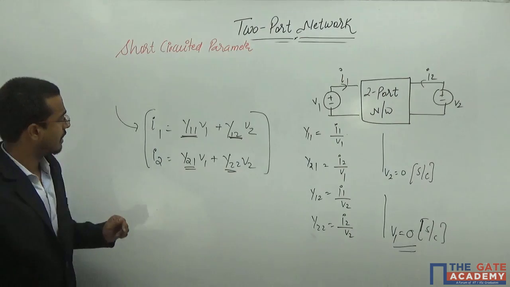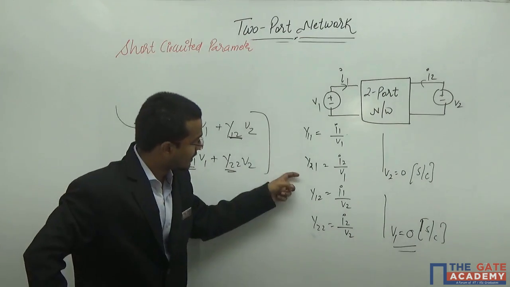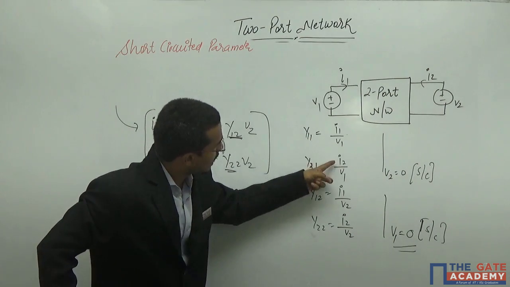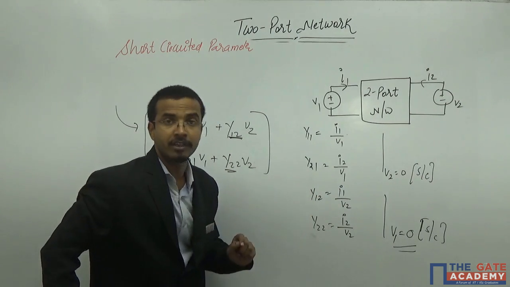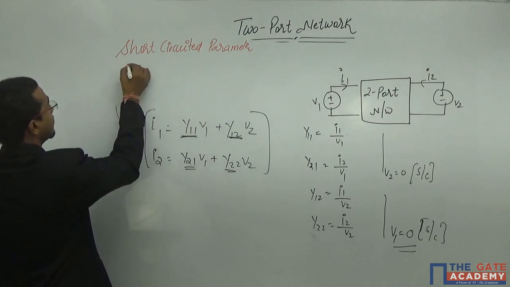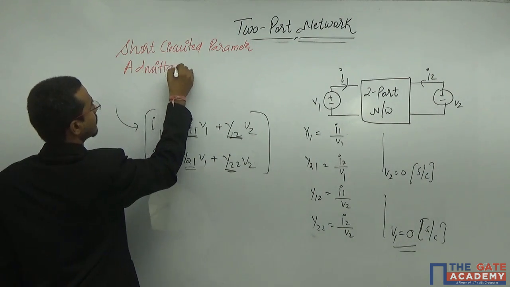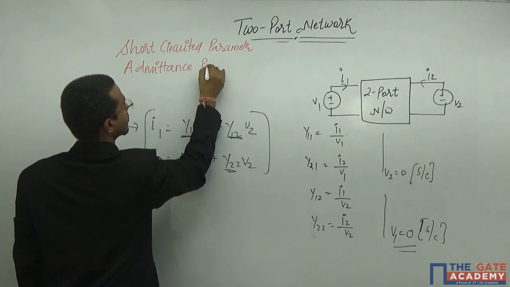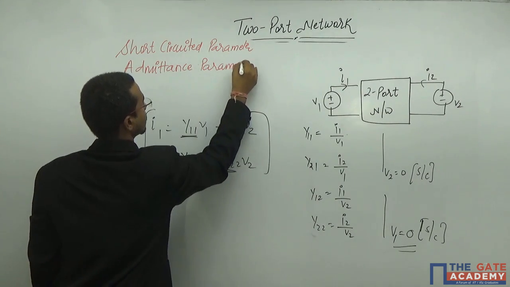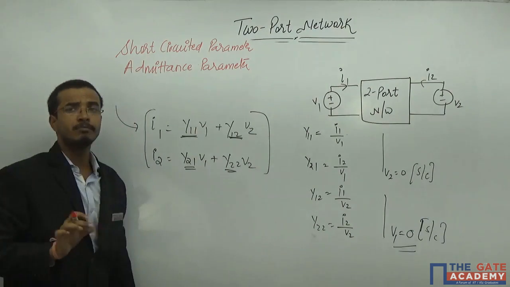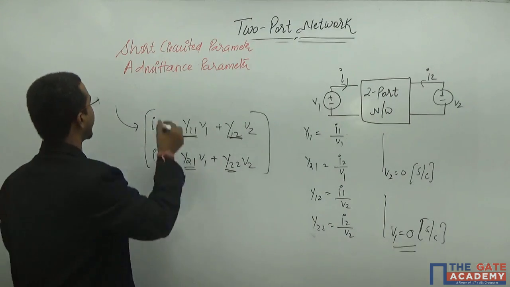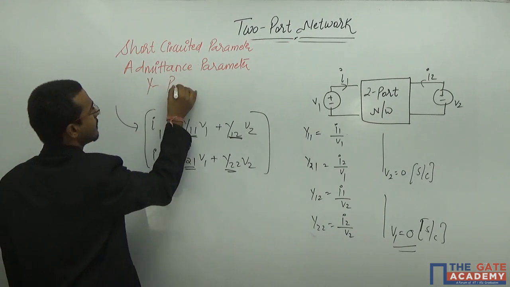Now see the unit of all the parameters: I by V, I by V, I by V, I by V. That is why it is also known as the admittance parameter. And the symbolic representation of the admittance is Y. That is why it is also known as the Y parameter.